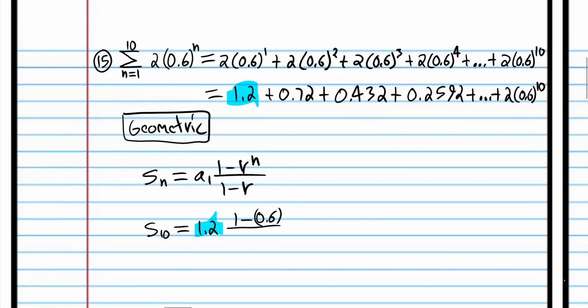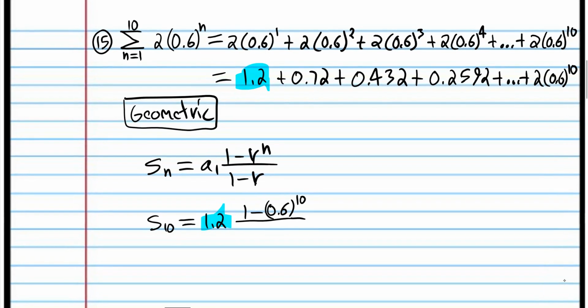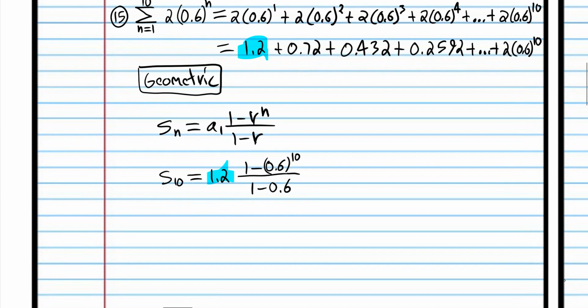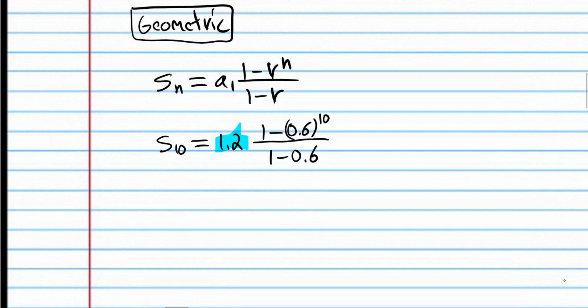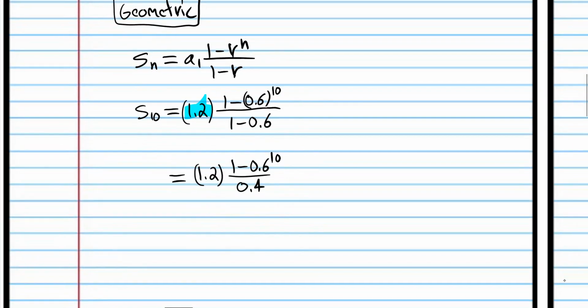Again, if you do enough of these problems, you'll get to the point where you can see it's geometric just by looking at this expression. So 1 minus 0.6 in the denominator, and now we'll see if we can simplify. So the denominator is going to become 0.4. It's probably best to put that 1.2 in parentheses just to be safe.